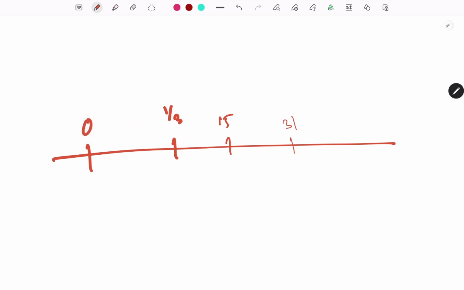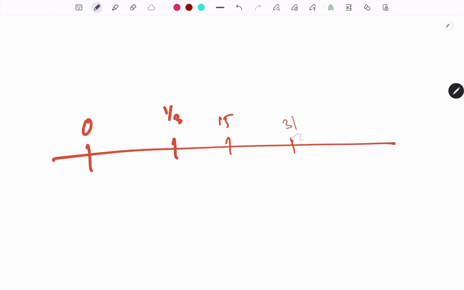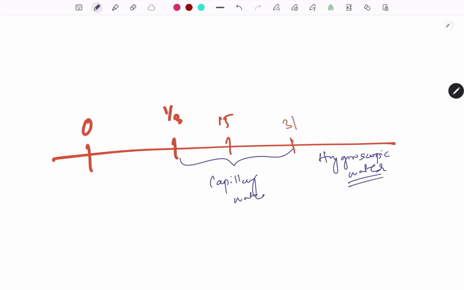This is 31. The hygroscopic water is held at more than 31 atmospheric pressure. The capillary water is held at 1/3 to 31 atmospheric pressure. And 0 to 1/3 is gravitational water.